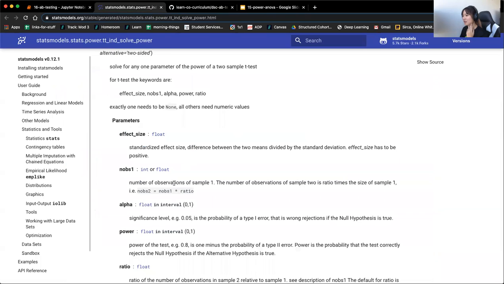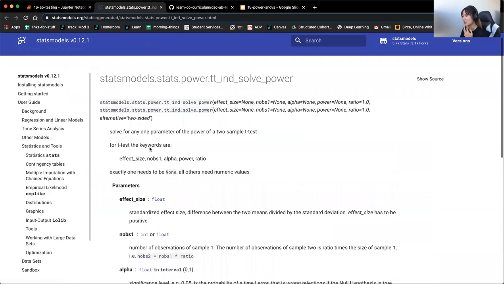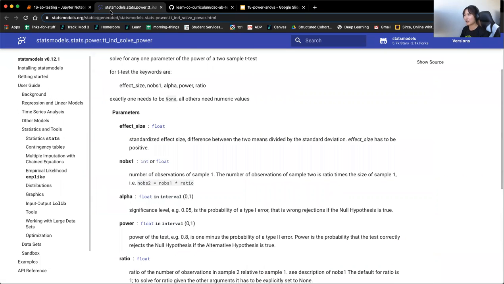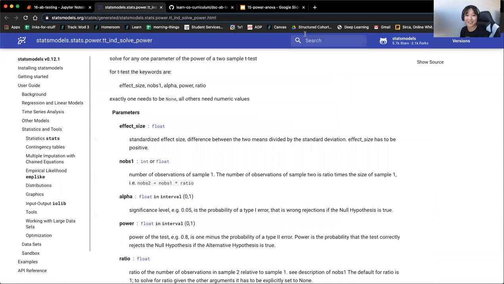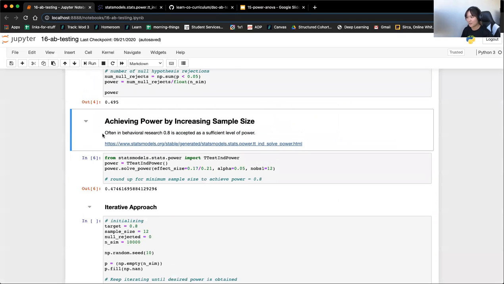Yeah, I do want to take a quick look and see if the two-sided will change. Alternative equals two-sided. Let me see. Never mind, I'm not going to go too much into this because usually you're not solving for power, you're solving for something else.